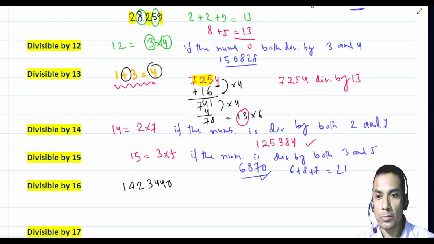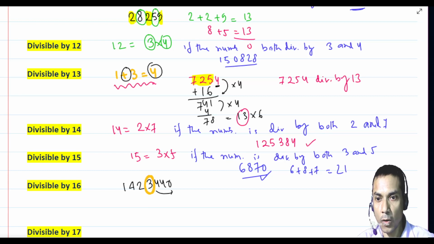What you have to do is consider the thousands digit. If the thousands digit is odd, here it is 3, which is odd.